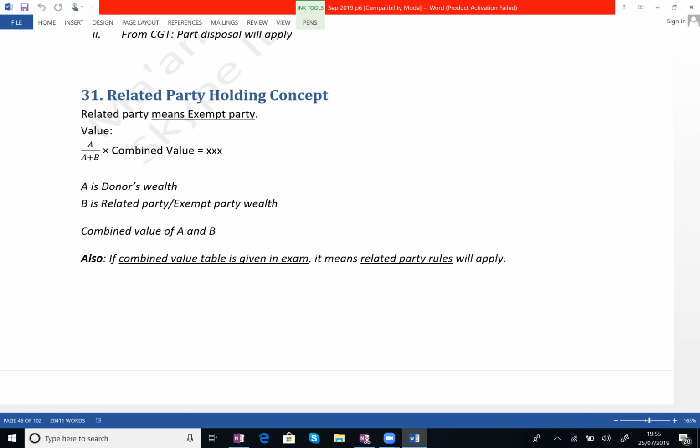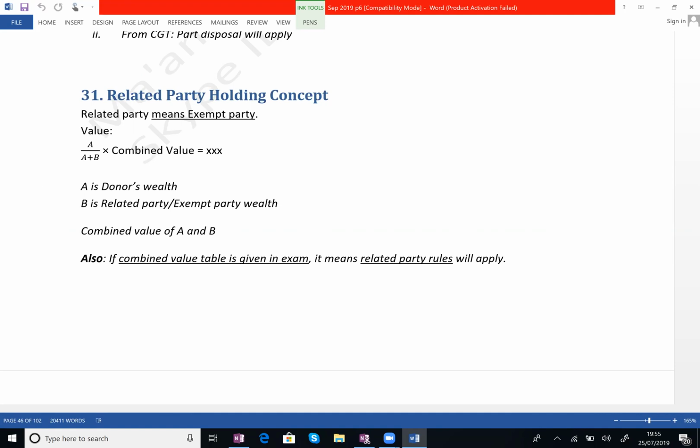The related party concept applies when you are gifting from the same set, the set value is high, and you are gifting one asset out of that whole set whose value is low.